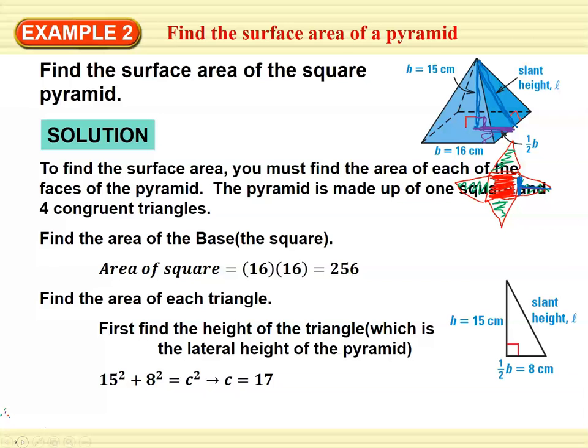So we use Pythagorean theorem. 15 squared plus 8 squared equals our c squared. Then take the square root of that, and it's going to give you your c. So we end up with our c being 17. So this side right here is 17.